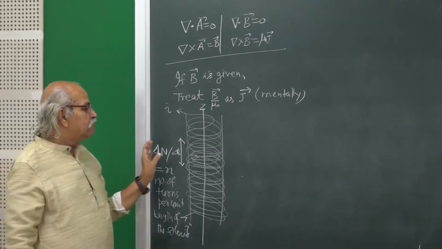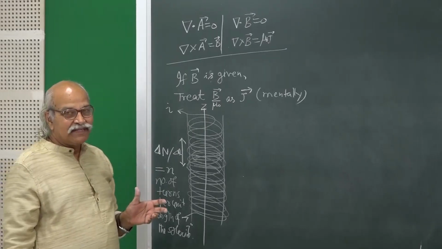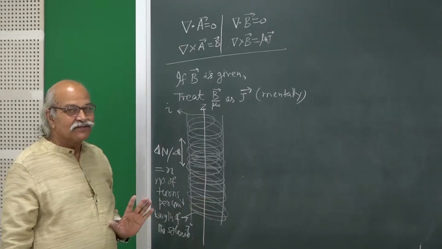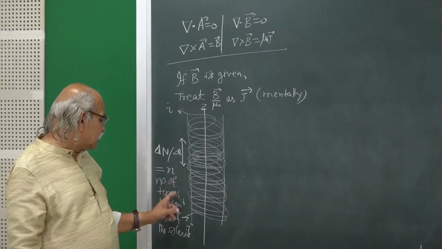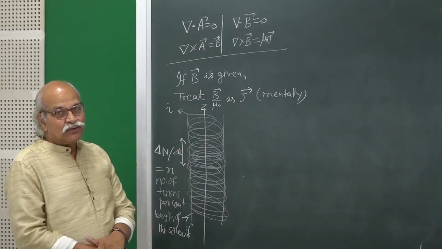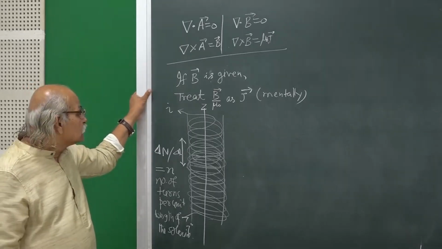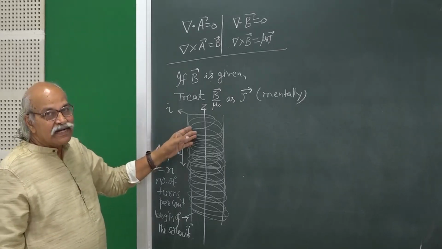And we want the magnetic vector potential everywhere, inside, outside. The solenoid, the current and the number of turns per unit length are given. So, how do I go about it? You know the magnetic field inside a solenoid.